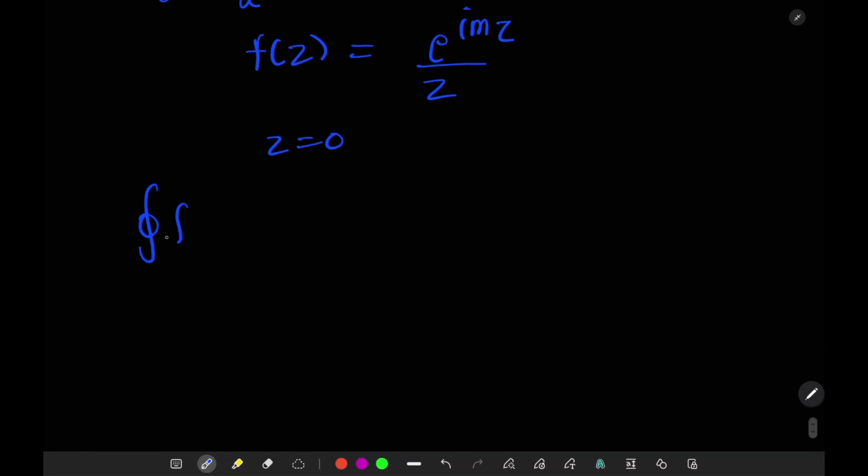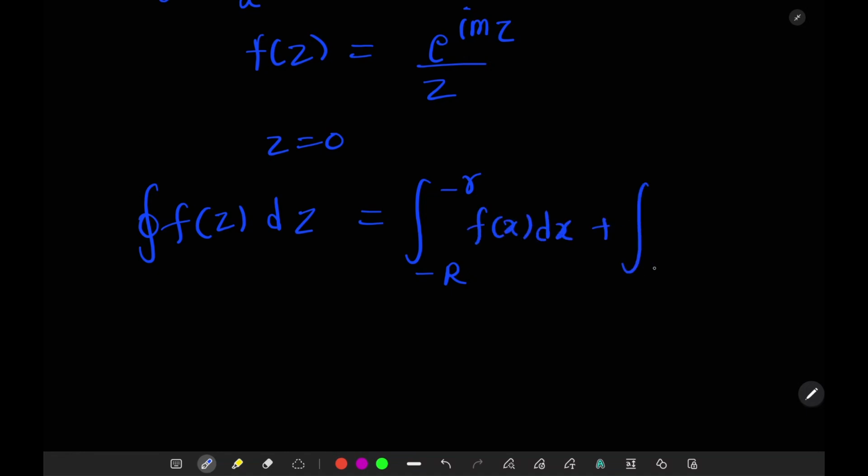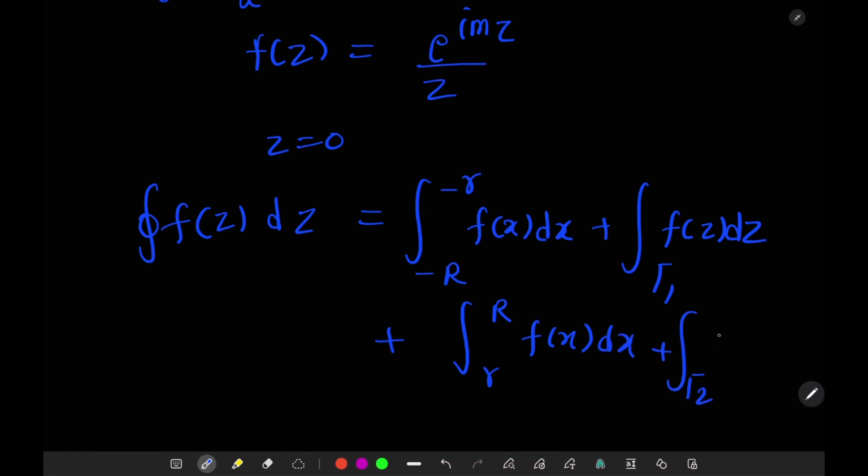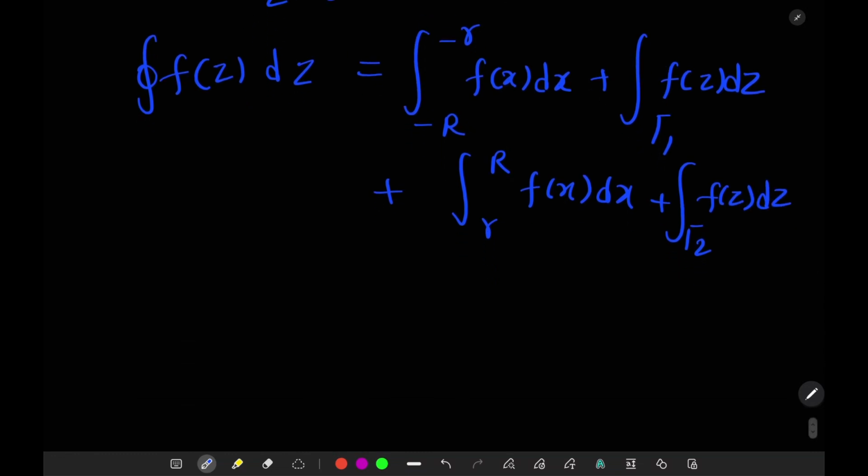Now using Jordan's lemma, integral f(z) dz equals limit of integral minus R to minus r f(x) dx plus integral of first semicircle f(z) dz plus integral r to capital R f(x) dx plus integral of second semicircle f(z) dz equals 0.